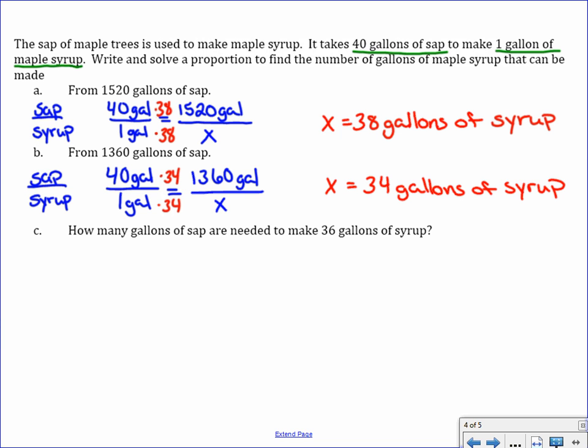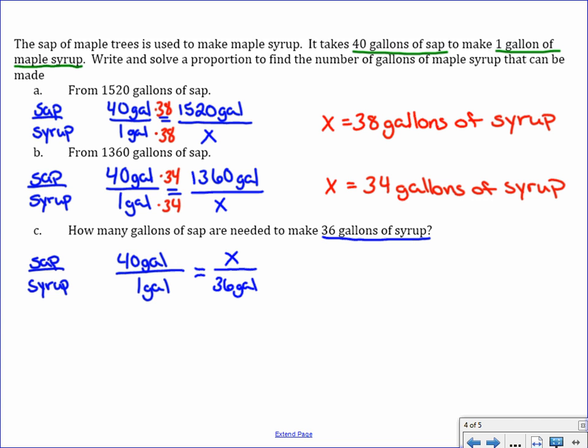C. How many gallons of sap are needed to make 36 gallons of syrup? Okay, again, we are going to use the sap to syrup ratio. And I know that there are 40 gallons of sap to 1 gallon of syrup. However, now, since what they gave us was the 36 gallons of syrup, the syrup amount goes on the bottom.